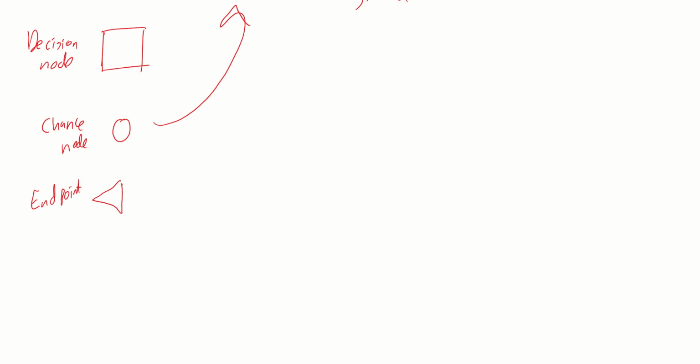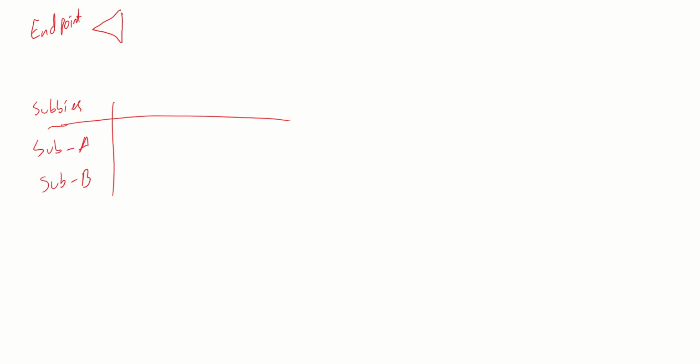Okay, so the best way of looking at how the tree is constructed is by actually doing an example. So I've got an example over here. Now suppose that you had two subcontractors, Subcontractor A and Subcontractor B, and you had a job that required the use of one of these subcontractors.